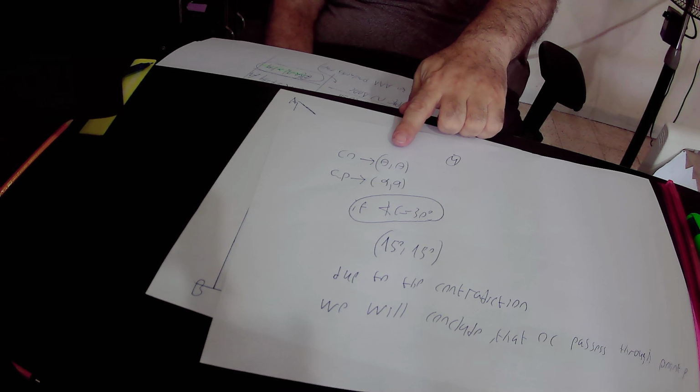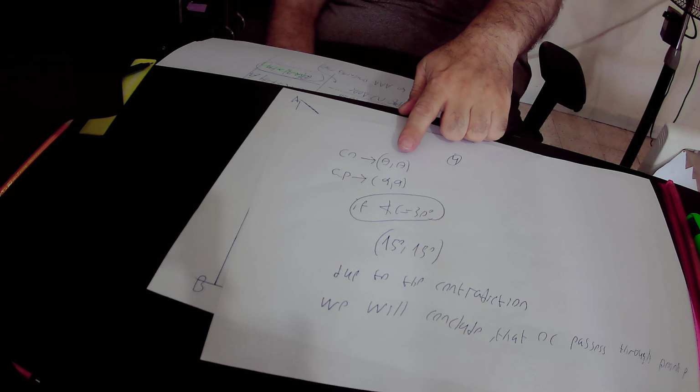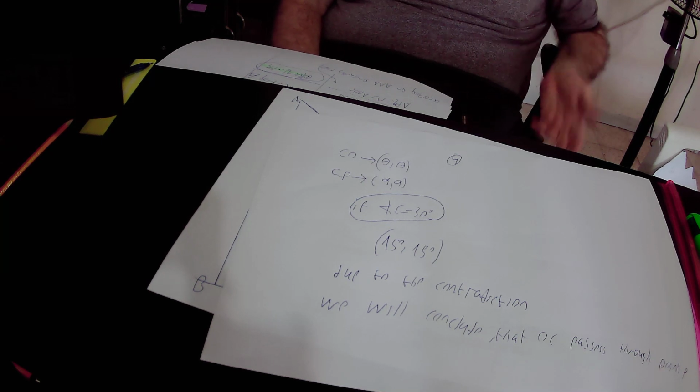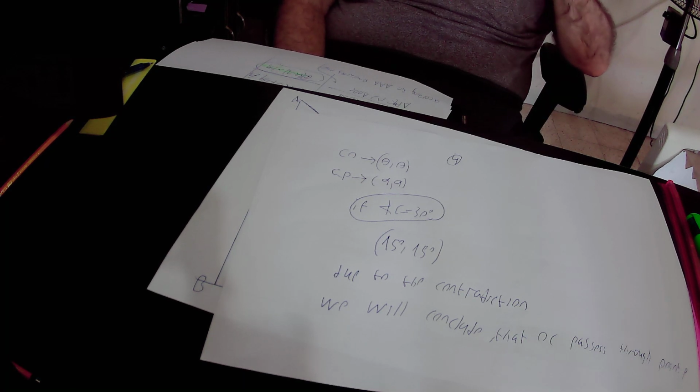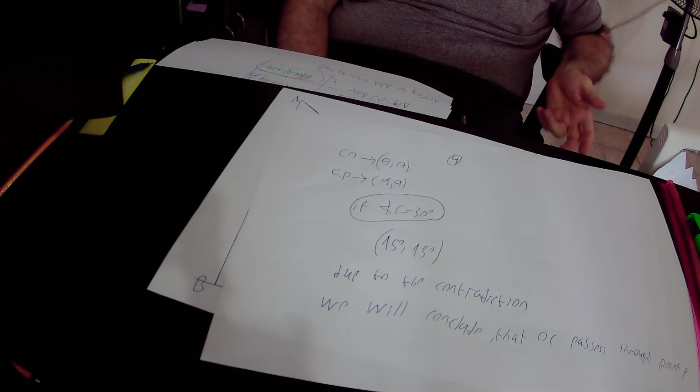While angle bisector CP bisects the same angle, angle C, into two different halves, and each half equals alpha. It is impossible that one angle will be bisected into two different halves.